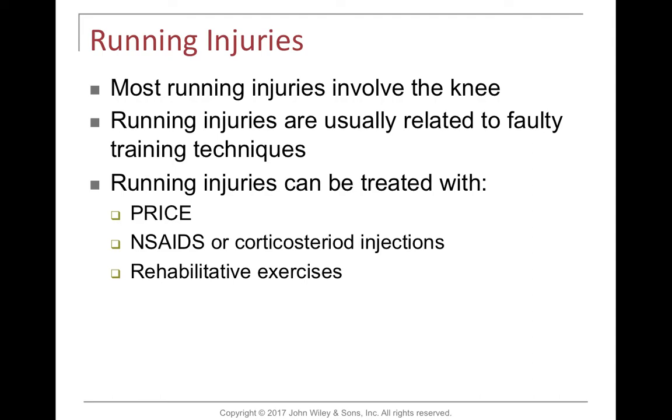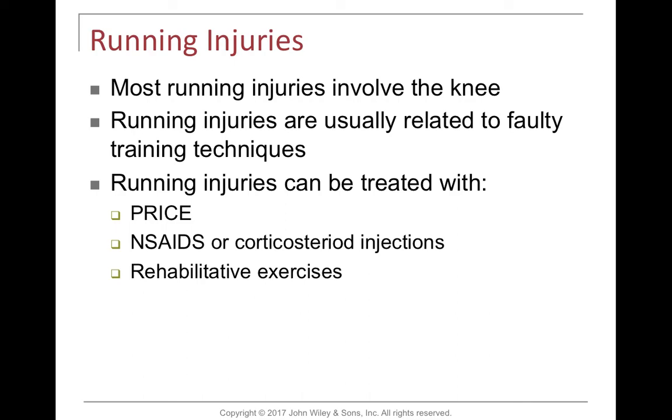And so oftentimes these running injuries will be related to faulty training techniques. And so we say that initially we should treat them with RICE therapy, or if you add protection, PRICE therapy.